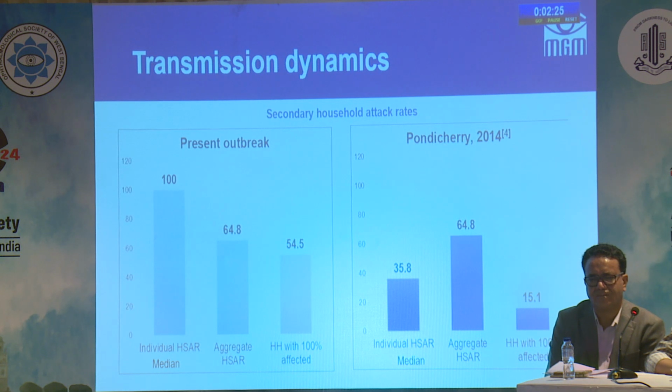And 64.8% of all household members other than the index cases were affected in the outbreak. And there were around 54.5 households where all members were affected by the outbreak. Only one other study has analyzed the secondary attack rates that give the transmission dynamics within a household. Our figures are significantly higher than that.